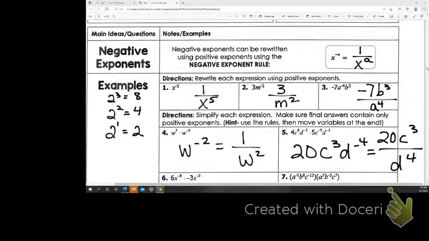If I kept going up the ladder, so to speak, I would keep multiplying by 2. So then it makes sense that if I come down the ladder, I'm dividing by 2. Like to get from 8 to 4, divide by 2. Divide by 2. So next up would be 2 to the 0. And 2 divided by 2 is 1. And that also reinforces why anything to the 0 power is 1.